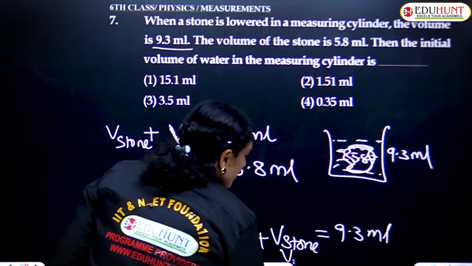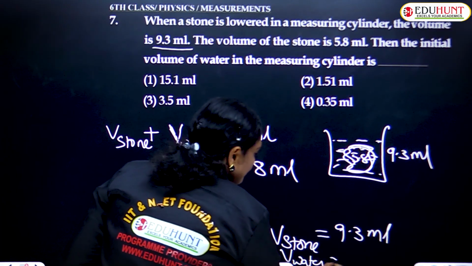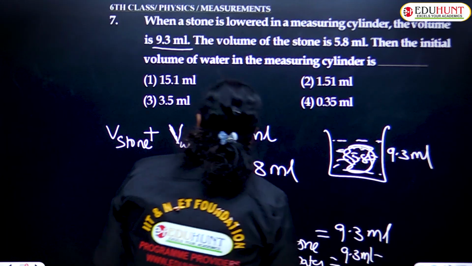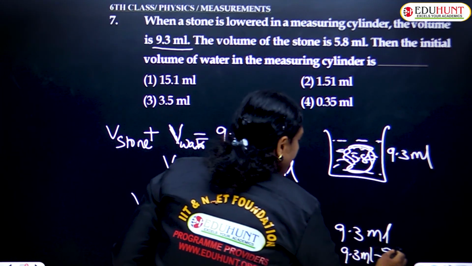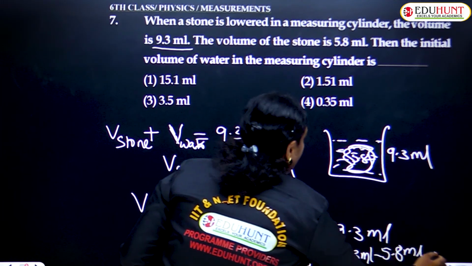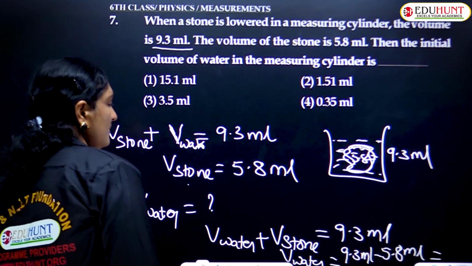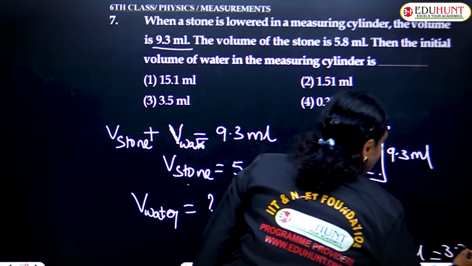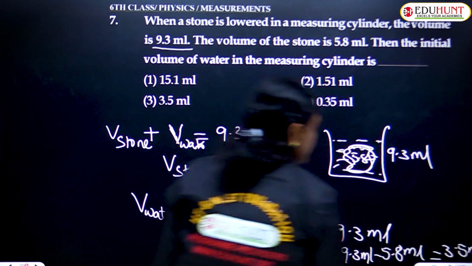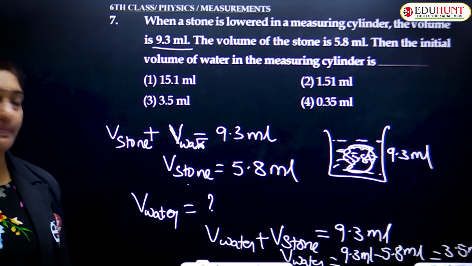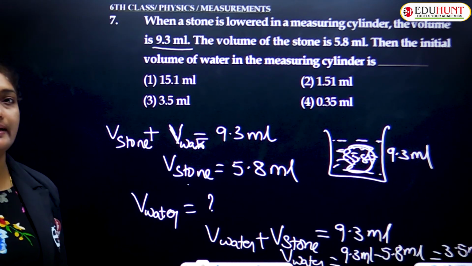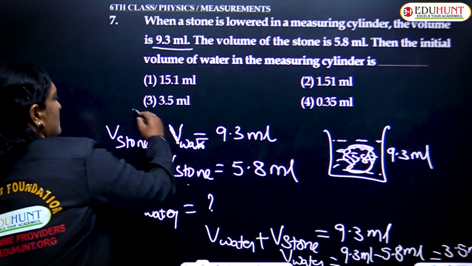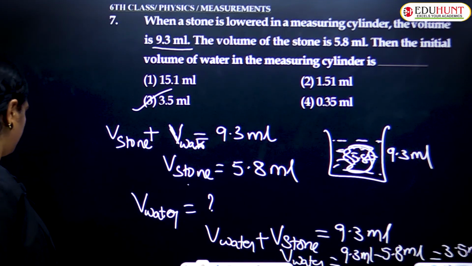Then the volume of water is equal to 9.3 ml minus 5.8 ml. So finally, how much is that, children? Yes, it is 3.5 ml. So the answer is 9.3 ml minus 5.8 ml equals 3.5 ml. So here goes your answer. Next.